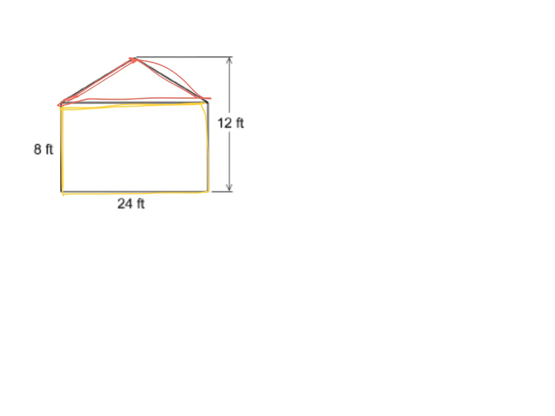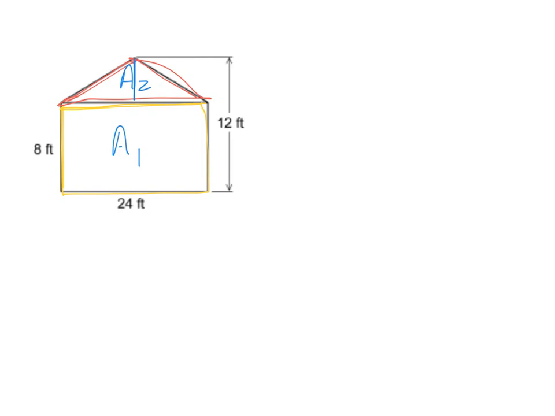Now, I'm going to label my figures A1 and A2. And after I've done that, I got to think, are there any lines or sides that I need to know? And I need to know the height of this triangle. And how can I find the height of this triangle?